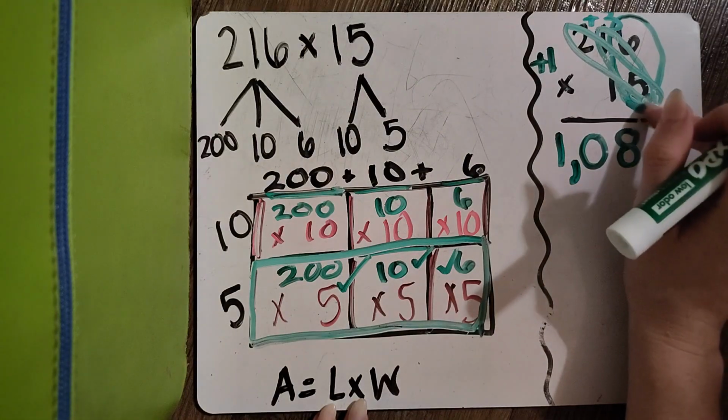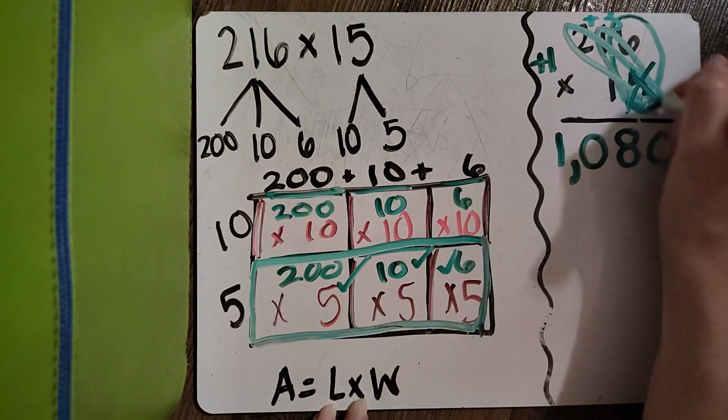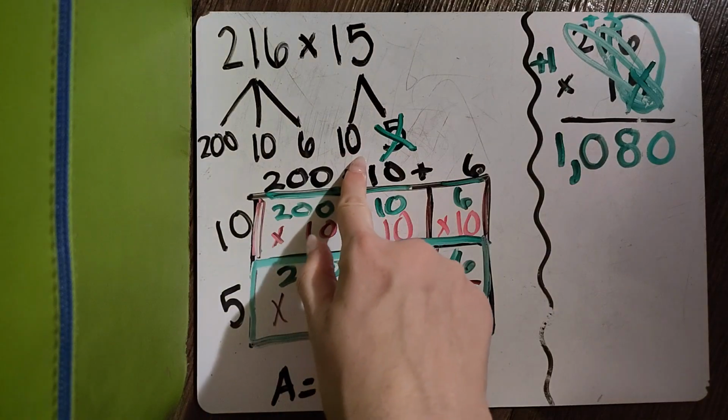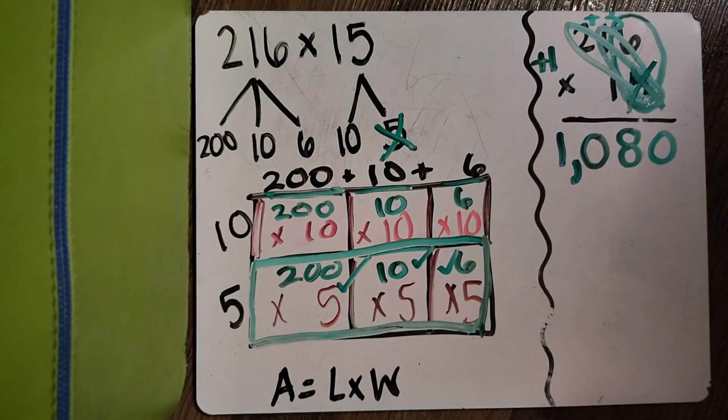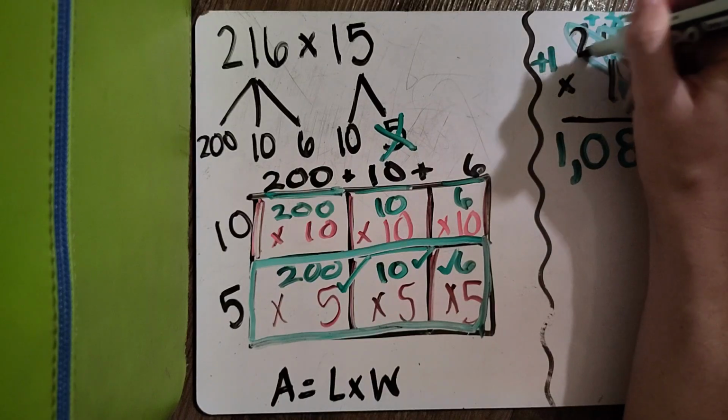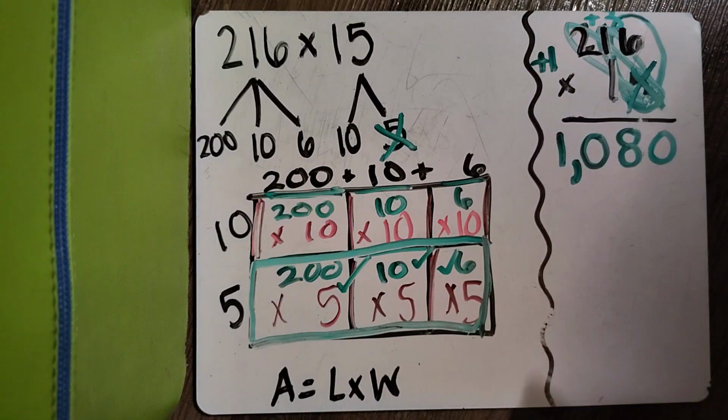I am done with this 5 ones. I'm all done with it. So that means I am done with these 5 ones. What am I left with to multiply? I'm left with a 10 to multiply. I'm going to rewrite my 216 so we don't get confused.